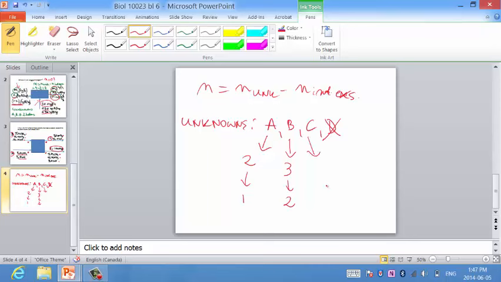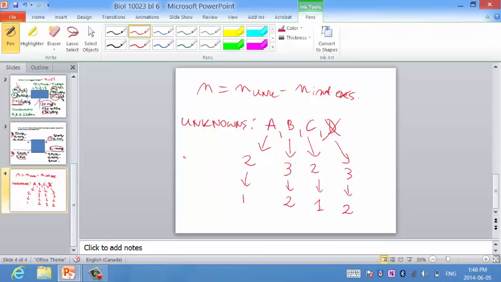For component C we have two species, nitric acid and water, so one unknown. For component D we have three species, sulfuric acid, nitric acid and water, so it will give us two unknowns.